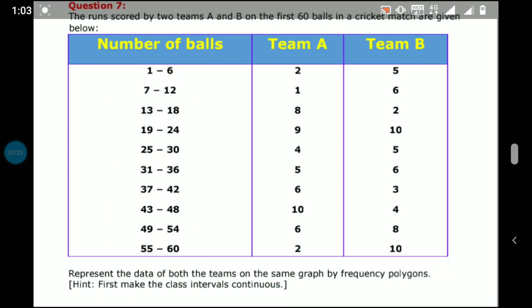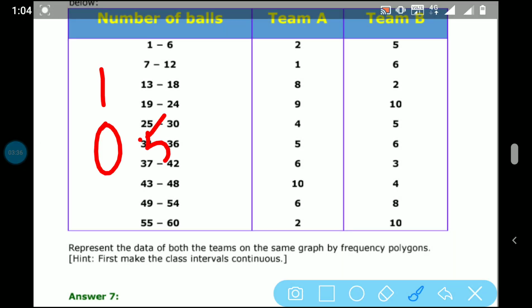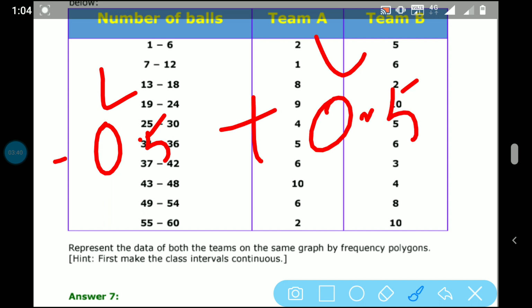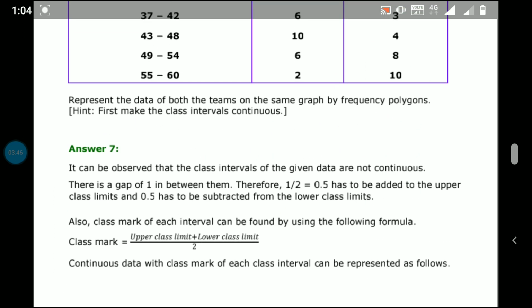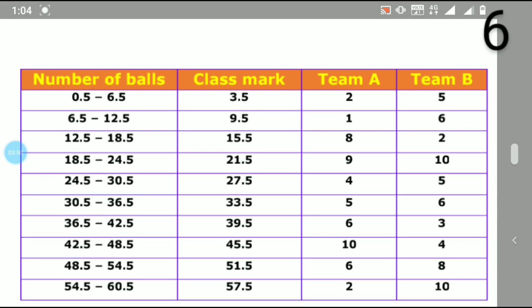So first of all, whatever we did in the previous question, the same method we will apply in this question also. We will subtract 0.5 from the lower limit and add 0.5 to the upper limit, and then first of all we will make the class interval continuous.